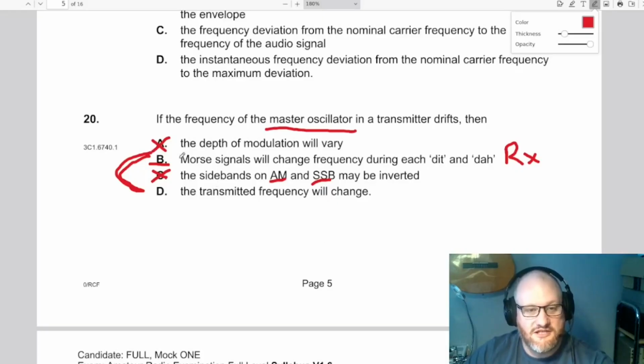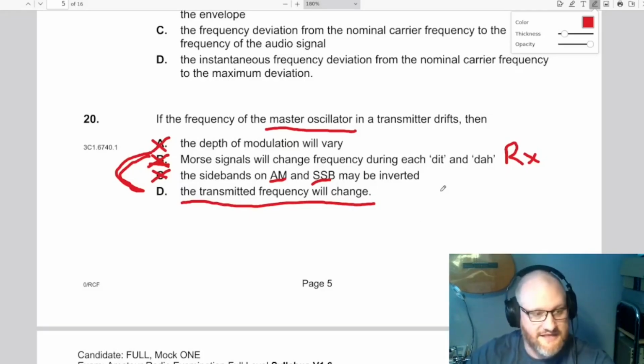So while answer B does kind of nearly get us there, it isn't necessarily the answer for this question, because while a receiver would observe that happening, that's a symptom, and the cause of that is that the overall transmitted frequency is changing because of that master oscillator drifting.